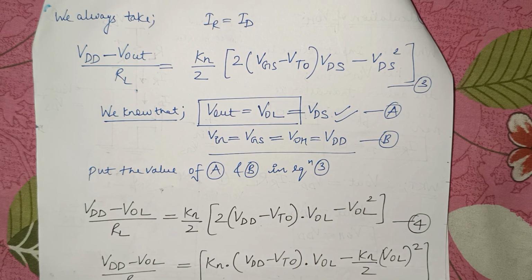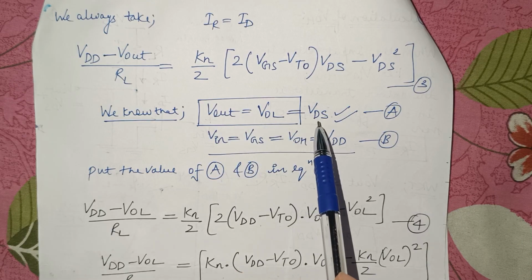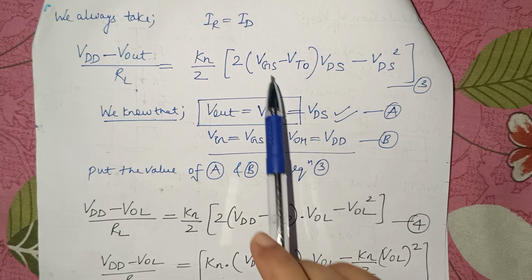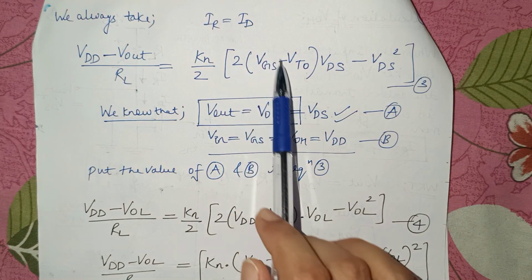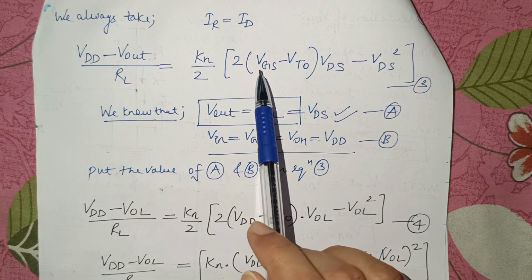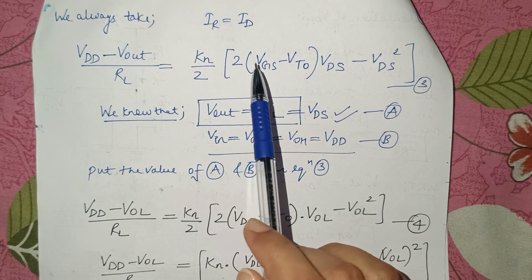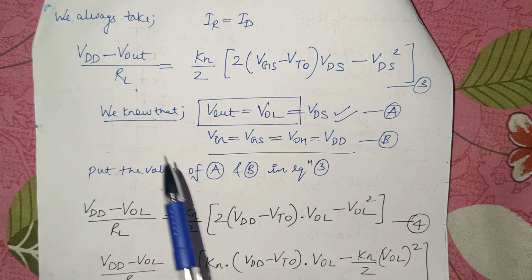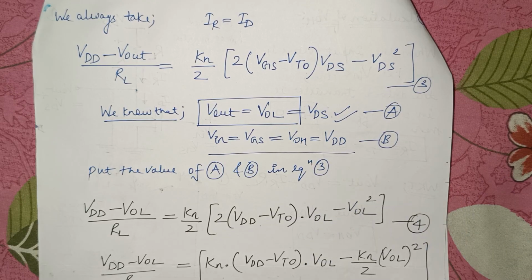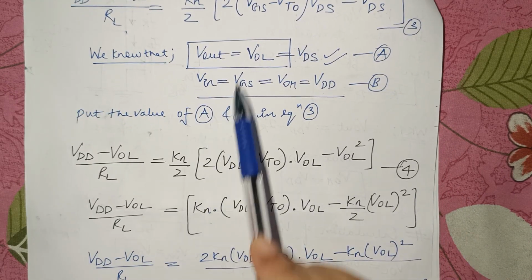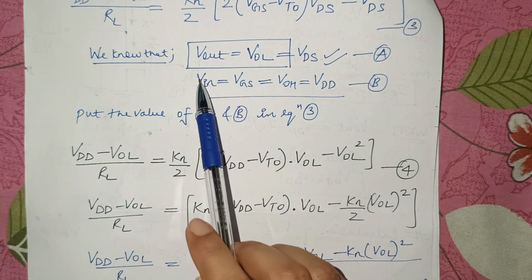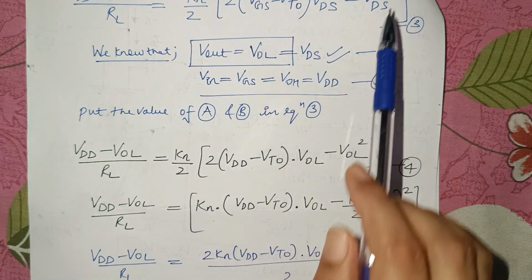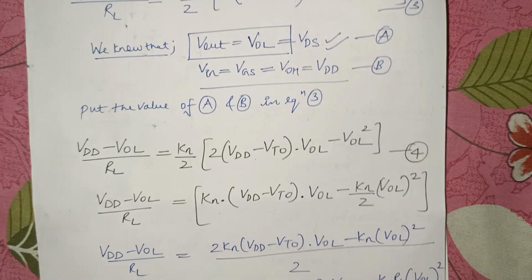We know that V output is VOL, and in place of VDS we can simply write VOL. VGS is V in, and in the case of calculation of VOL, V in should be equal to the highest voltage, that is VDD. So we put V input as VDD and V output as VOL in equation number 3.